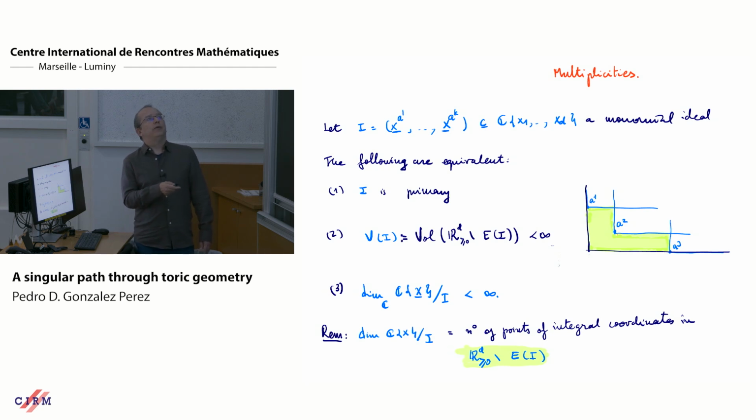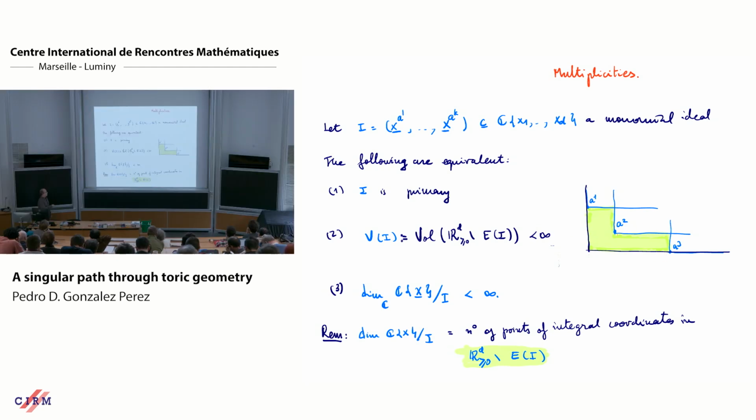Now, if I have a monomial ideal given by this power, then we have the following elementary property, which tells us that the following are equivalent: the ideal is primary, or the volume of the complement of the set E_I, which I designed here in green, is finite, or the dimension of this quotient is finite.